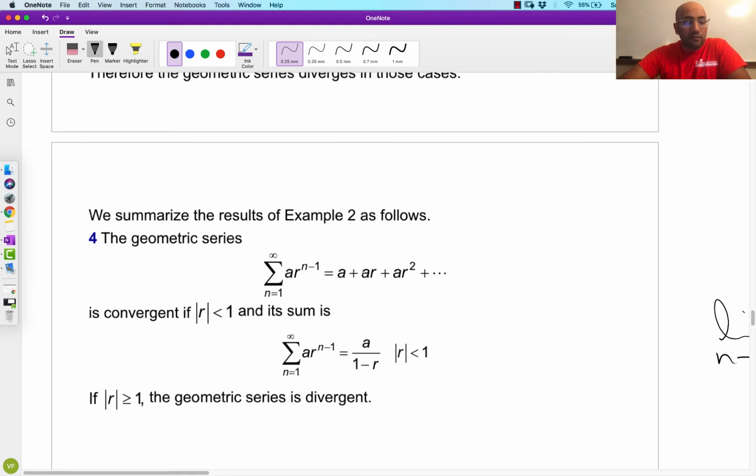That means r is a value between -1 and 1. And that series will be equal to a over 1 minus r. On the other hand, if r is less than or equal to -1, or greater than or equal to 1, then the series diverges. So it's only convergent for the absolute value of r being strictly less than 1. Notice that it's strictly less than. The formula here doesn't include r being equal to 1.